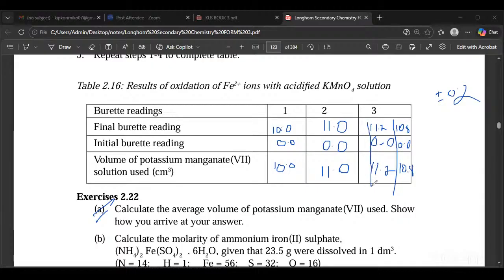So another answer, I'm only answering for 2, so another one could be 11, inaweza kuwa 10.8, 11.1. So there are very many answers, 11.1, 11.1. Unaona?